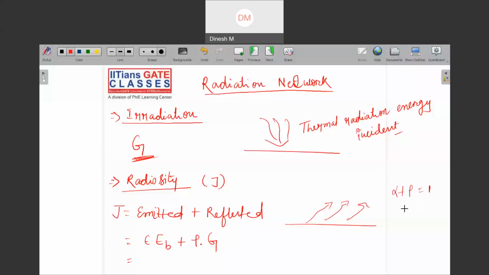And for thermal equilibrium I know alpha is E, then can I write down rho is equal to 1 minus E? So J is nothing but E into Eb plus 1 minus E into G.